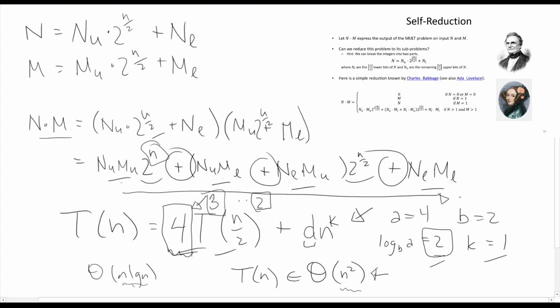But where he was actually able to go was to reduce those 4 down to 3, and that will change this calculation in our log. Instead of getting log base 2 of 4, we get log base 2 of 3. Now this number, I don't really know it exactly, but I know it's between 1 and 2.